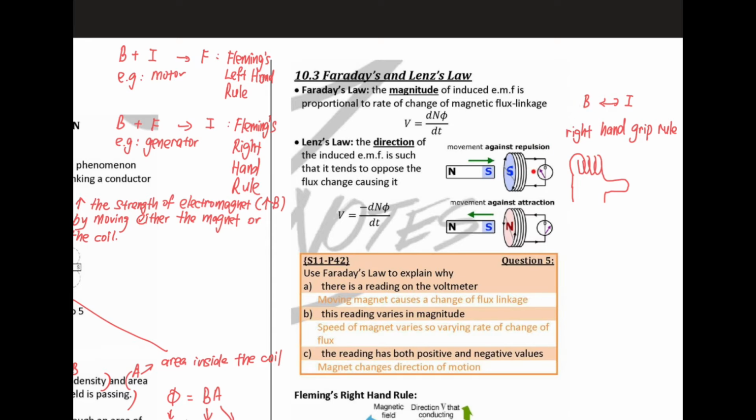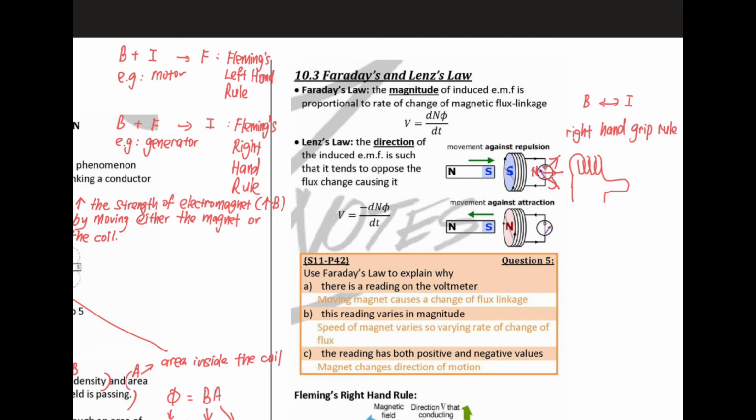South Pole here, North Pole on the other side. North Pole is where the magnetic field comes out. So then your thumb has to point to the other side, from North Pole to the other side.